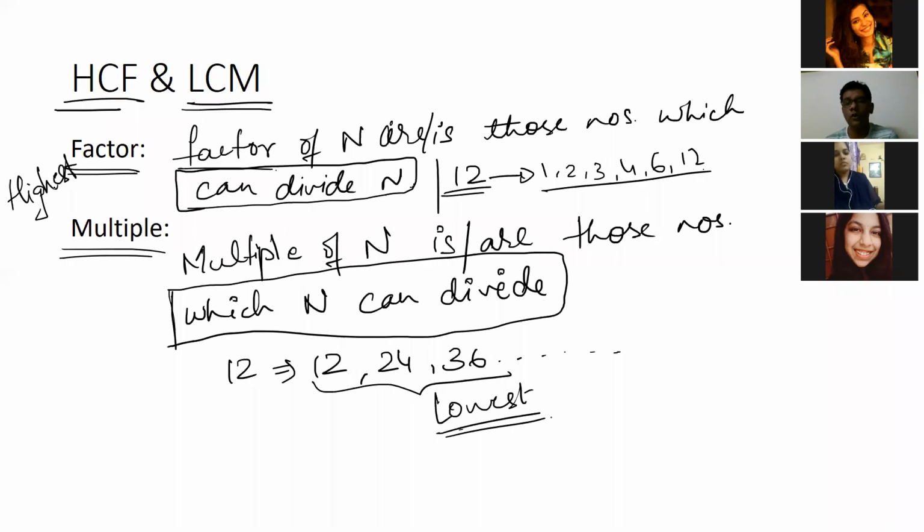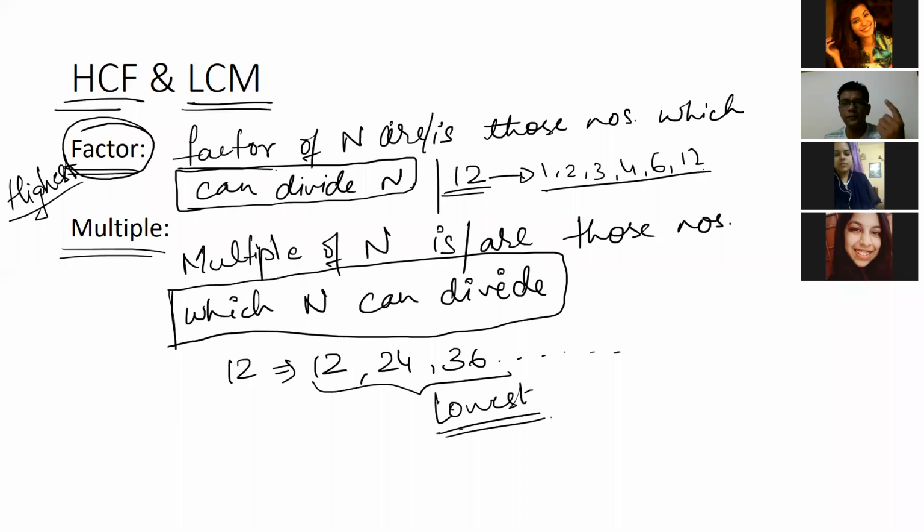We say highest common factor. We don't say lowest common factor. And we say lowest common multiple because we don't say highest common multiple, right? Now, why are we looking into the highest and the lowest number? Because when you look at factors, I know 1 is a factor of every number, right?